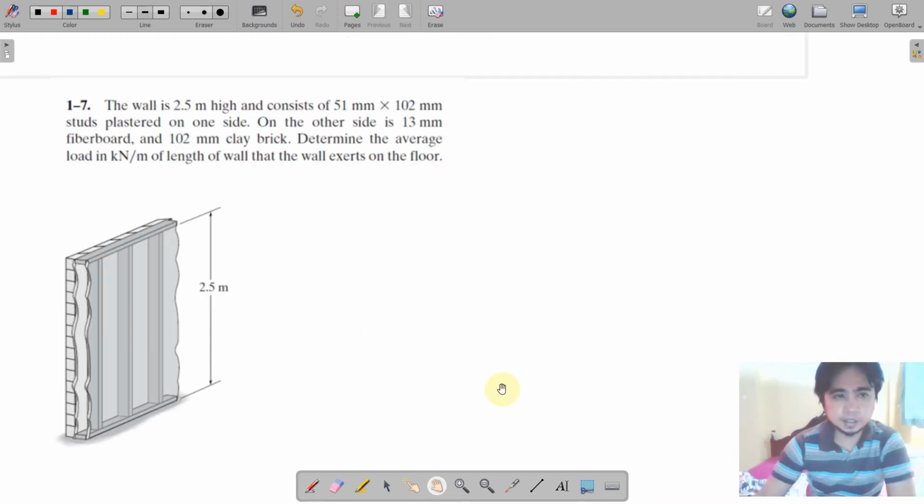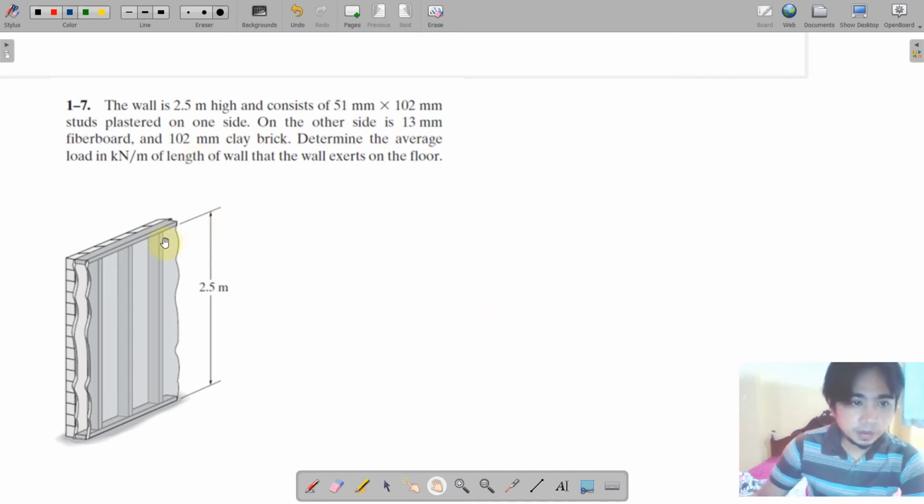Okay, so for the 7th problem, we have here a wall. It is defined by its material. First, we have 51 mm by 102 mm studs plastered on one side. On the other side is 13 mm fiberboard. So we have three materials here.